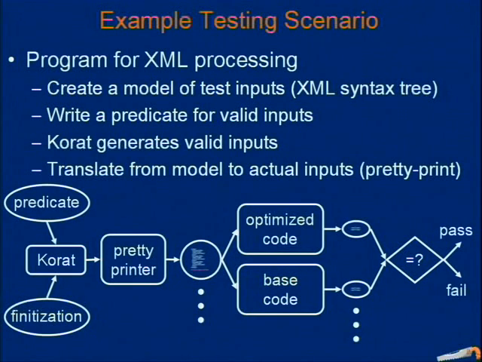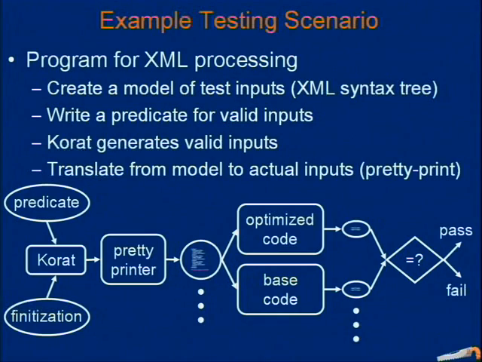So in order to test these XML processing programs, you need to give them some kind of XML input. So a way to use this Korat tool, to use the idea in there, is as follows. You would first create some kind of a model for these test inputs. In this case, for XML documents, you don't want to generate them at the character level. Rather, you want to generate the syntax trees. Then you would write the predicates that specify which of these inputs are valid.